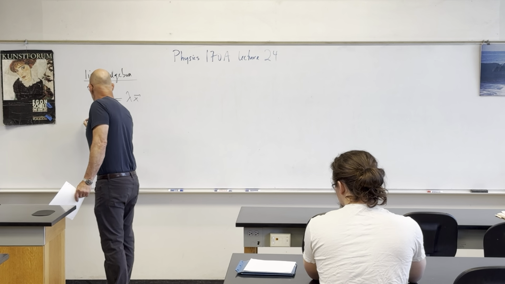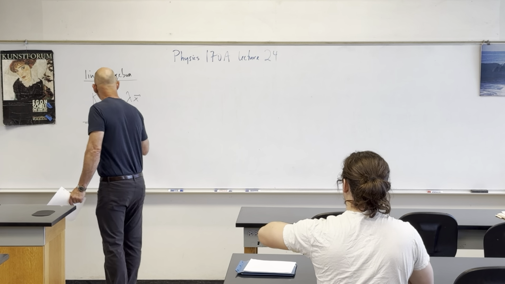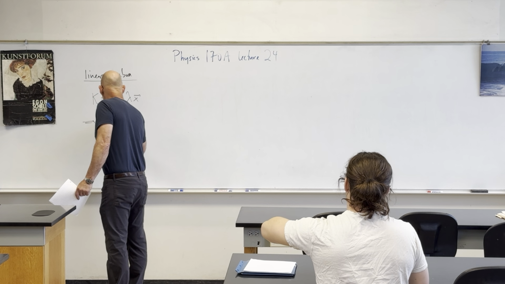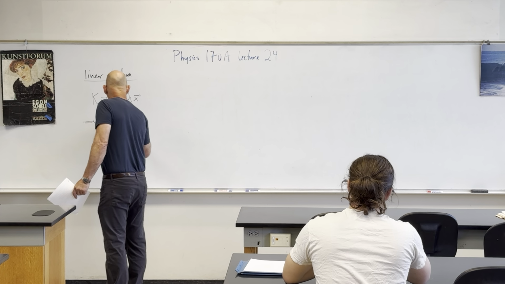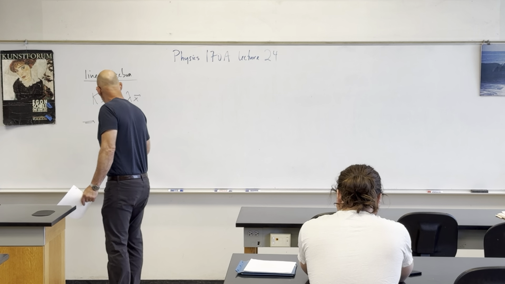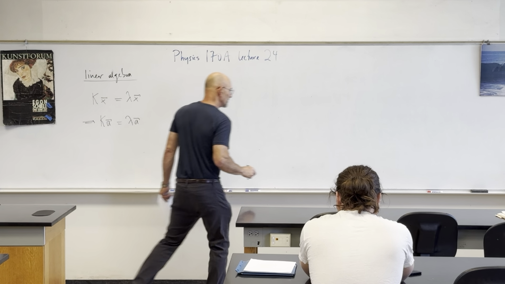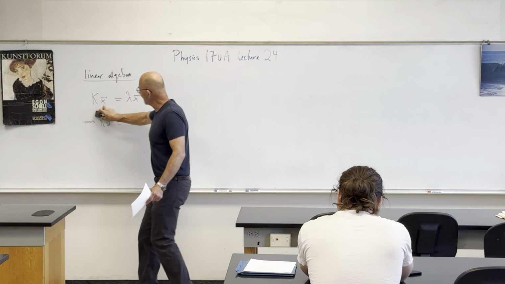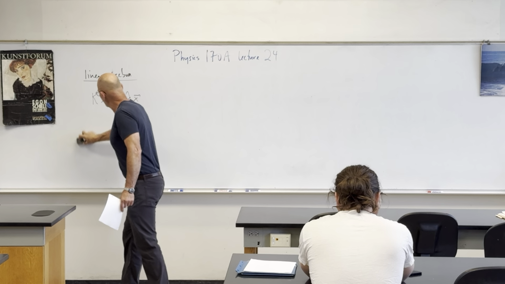Okay. And we could have said k times a equals lambda times a. When all was said and done, actually I'm not going to repeat that. I'll just label what we had here, and then we'll continue on.